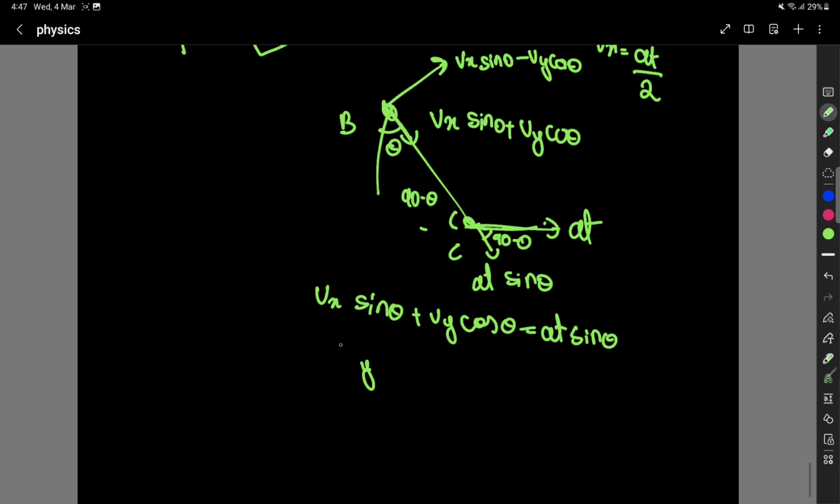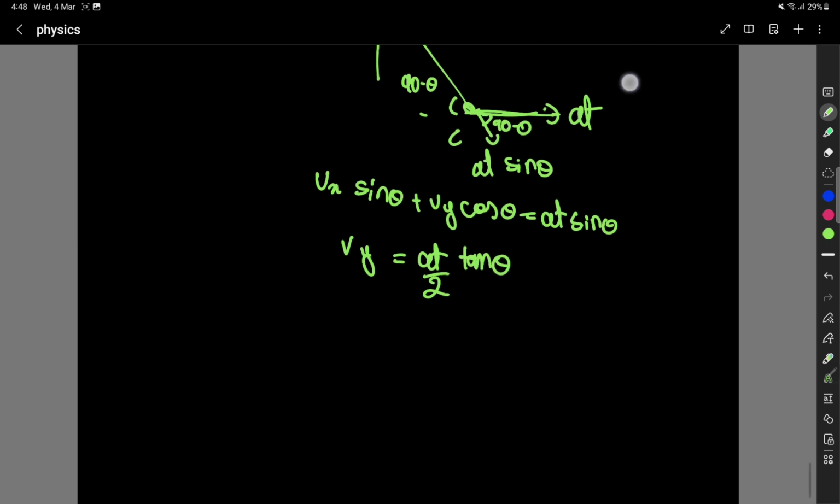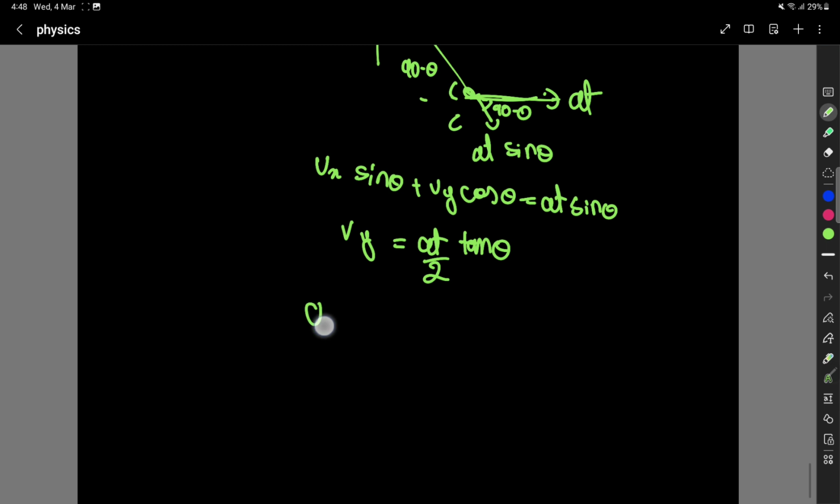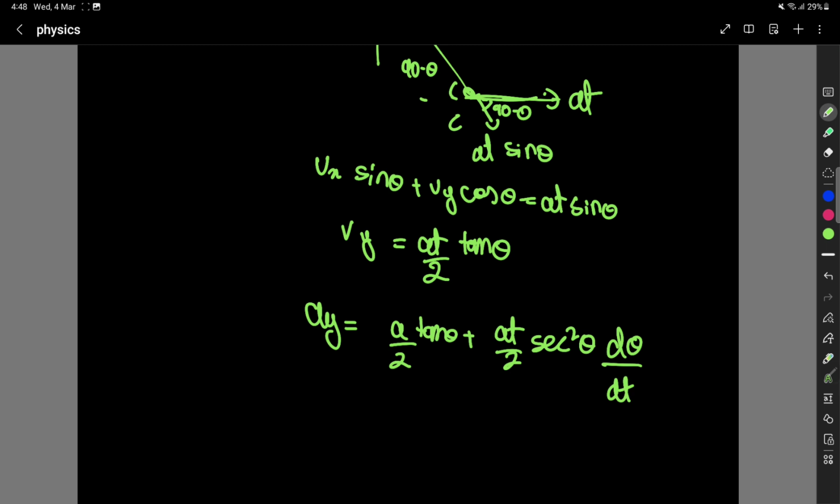Vy is equal to at by 2 tan theta. From here I can tell Ay is A by 2 tan theta, is at by 2 secant square theta d theta by dt.